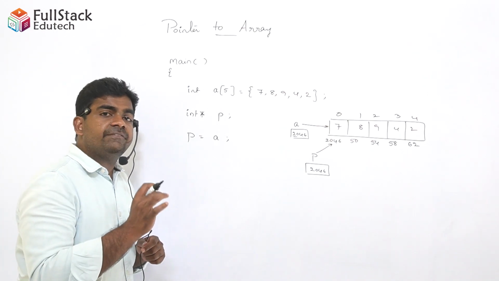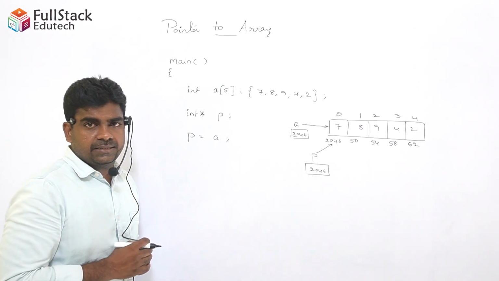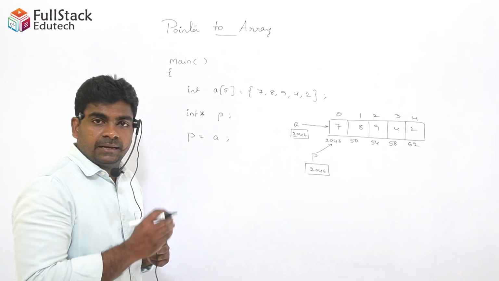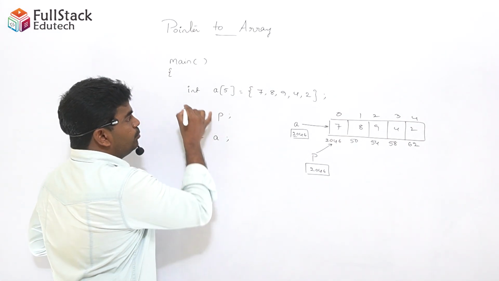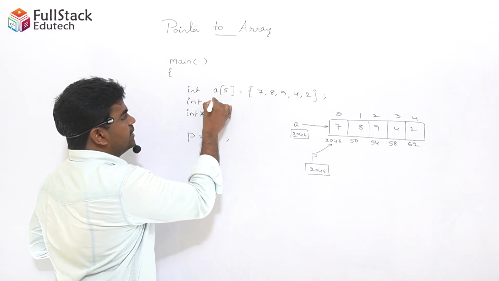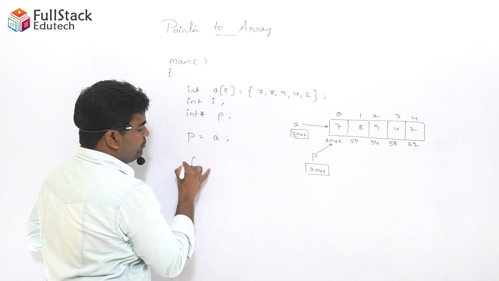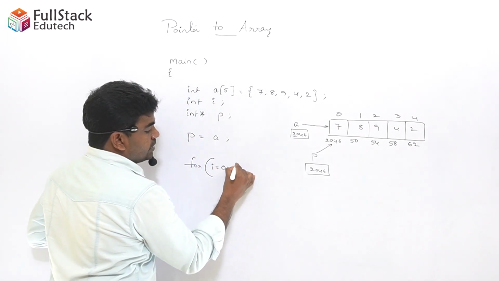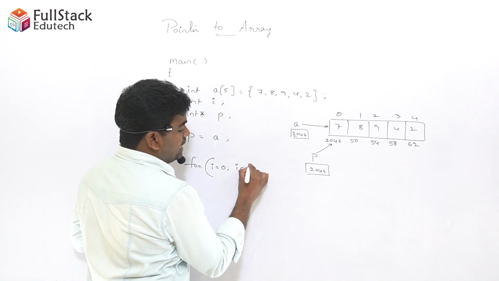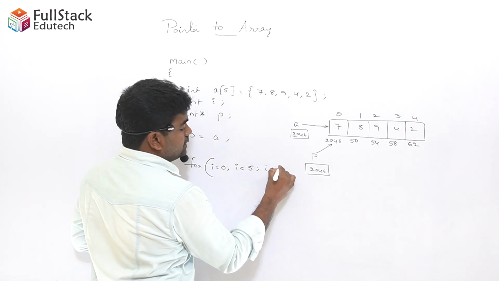So then how can we access the elements? Simply, we repeat a for loop, declaring the index i: for i equal to 0, i less than 5, i plus plus.